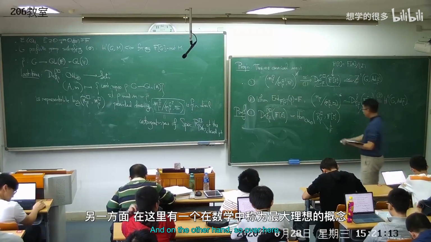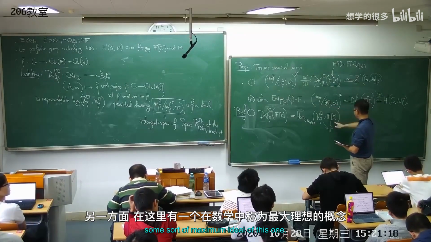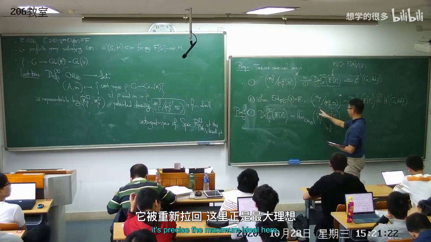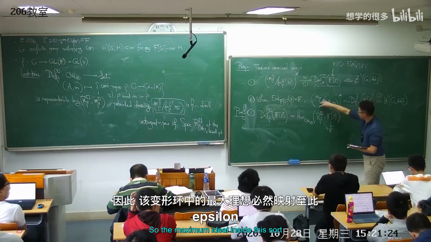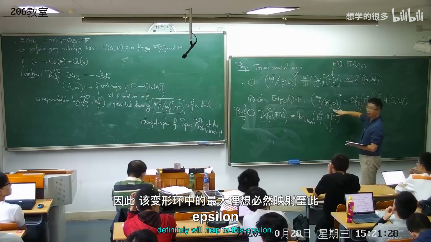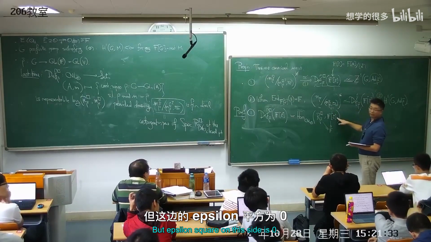On the other hand, over here you have the maximal ideal of this one, and the pullback is precisely the maximal ideal here. So the maximal ideal inside this deformation ring will map to this epsilon. But epsilon squared on this side is 0.